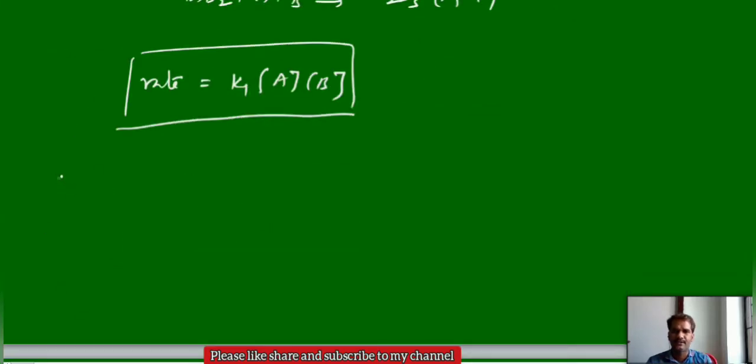For this, one more example, the general type they will ask you. We have one reaction, 2NO2, when you treat with fluorine you will get 2NO2F, and the mechanism for this reaction is given like this.